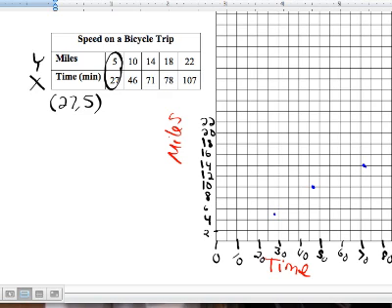Goes about there. And 22, 107, 22. So your graph should look something like this.